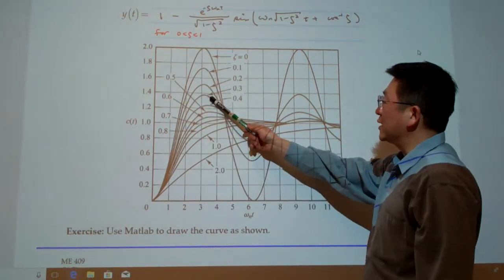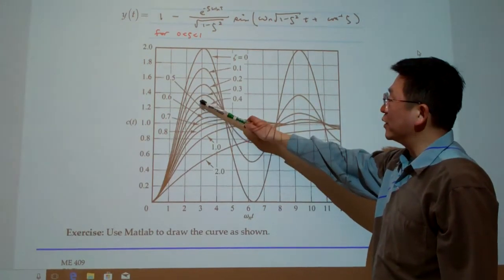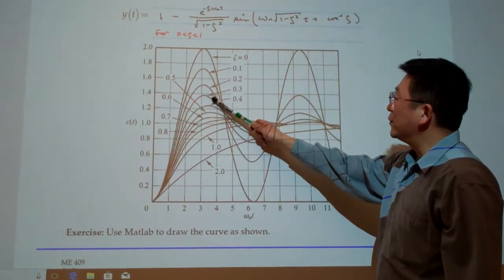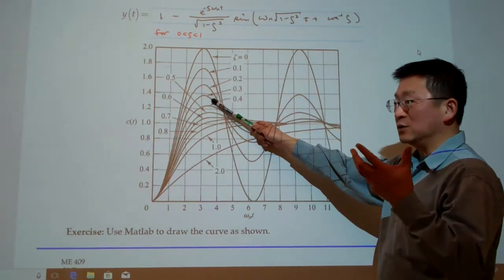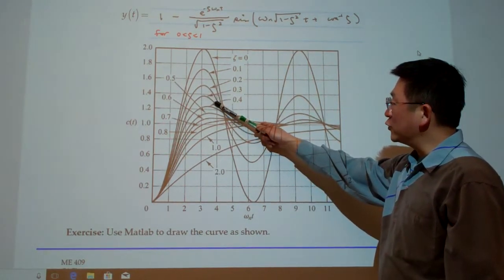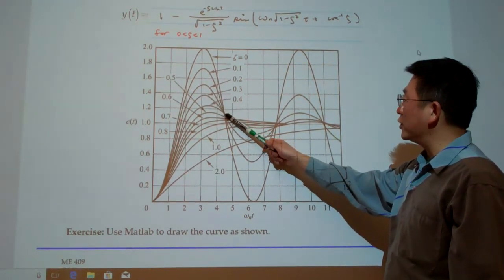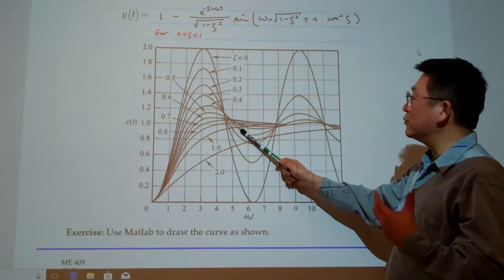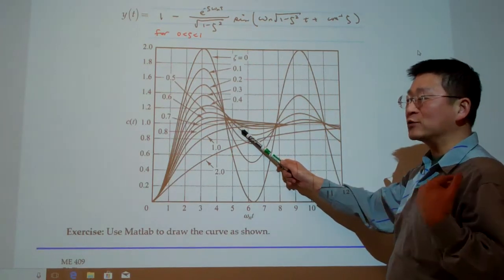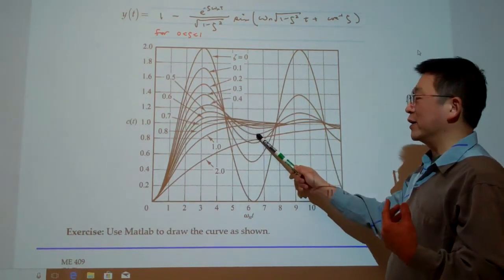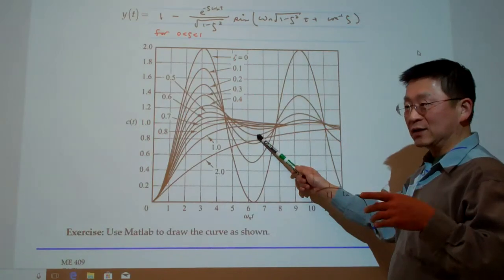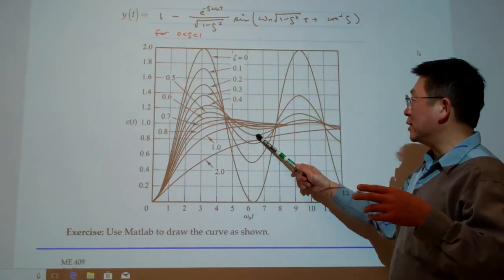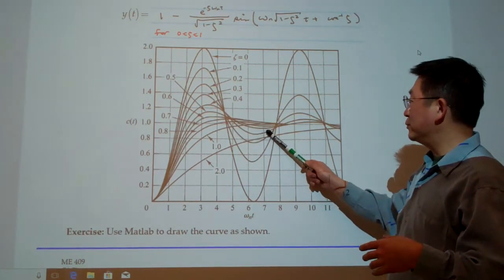You can see that the system with small damping ratio is going to overshoot. But because the system is closed loop, the closed loop mechanism will try to bring the overshoot back. But for some reason it gives too much power, so it brings back too much and goes down a little bit. Now the system, again in the feedback loop, tries to pick it up by providing more.